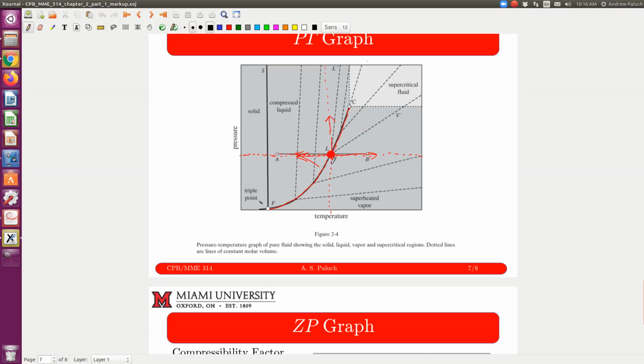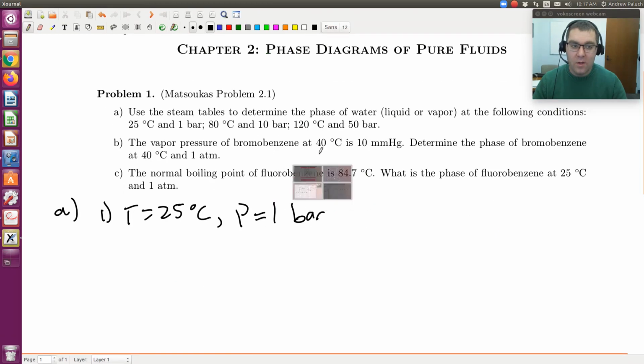If it's less than that value, I'm down here, I'm a vapor. You could go through the same thought exercise if you had pressure fixed: find the corresponding saturation temperature at that pressure, then compare your actual temperature relative to that value at saturation. Either can allow you to achieve the same answer.